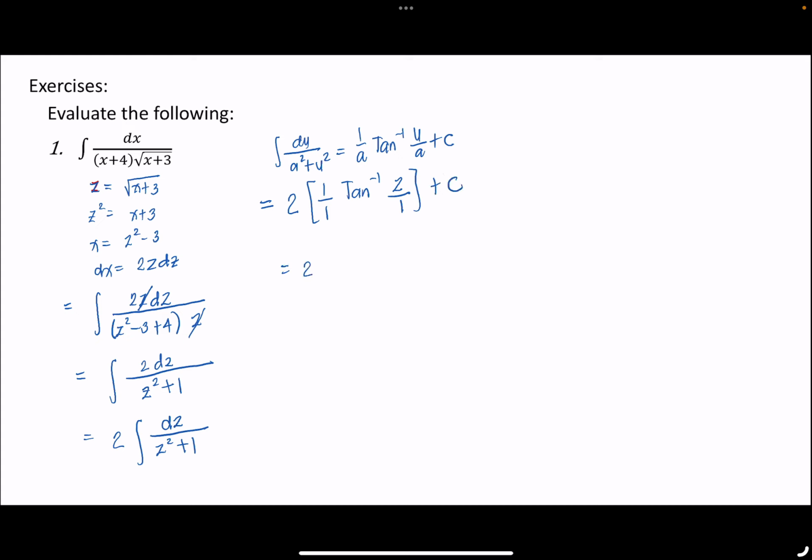So this is equal to 2 inverse tangent, or arctangent, of z, the square root of x plus 3, plus c. This would serve as our final answer.